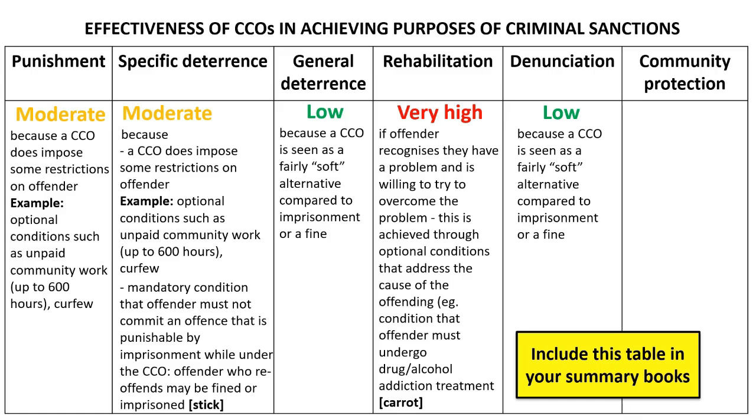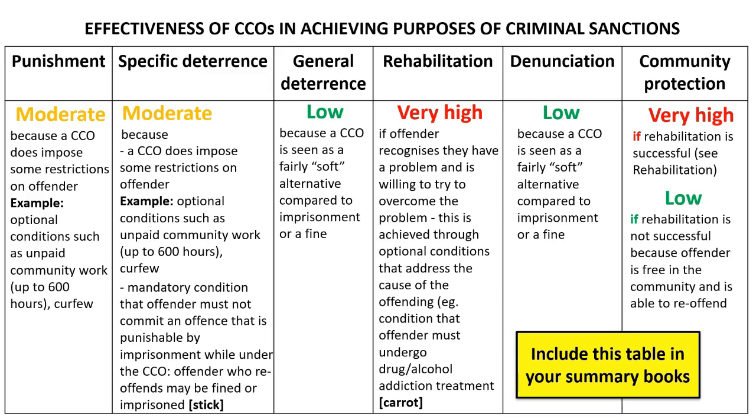In contrast, a community correction order is very effective at achieving the purpose of community protection if it is successful in rehabilitating the offender. This is because if the offender is successfully rehabilitated, then the cause of their offending has been removed, and so the offender should no longer be a threat to the community.